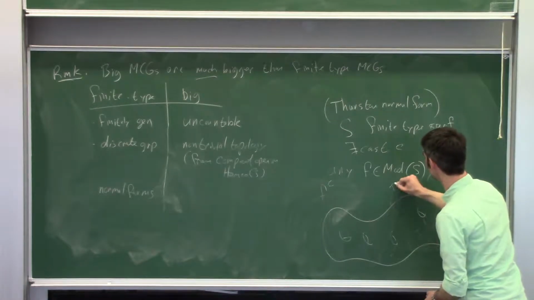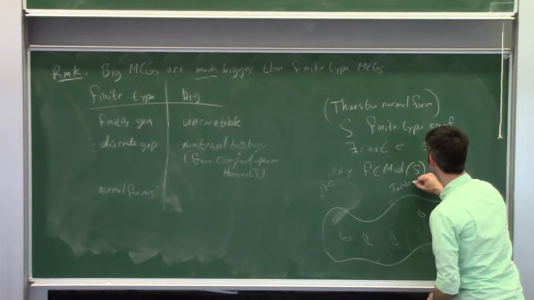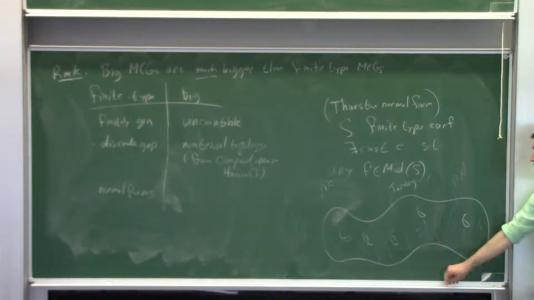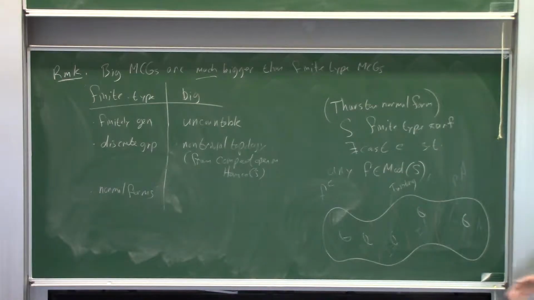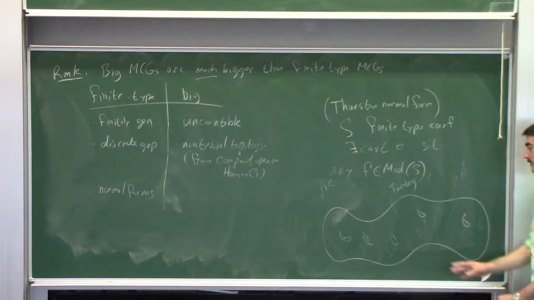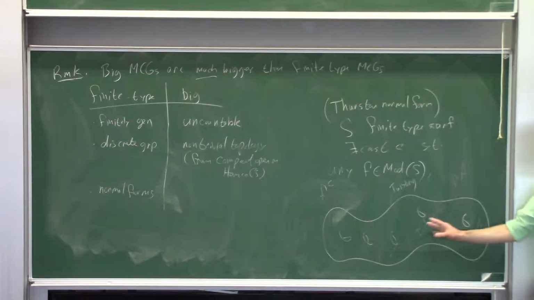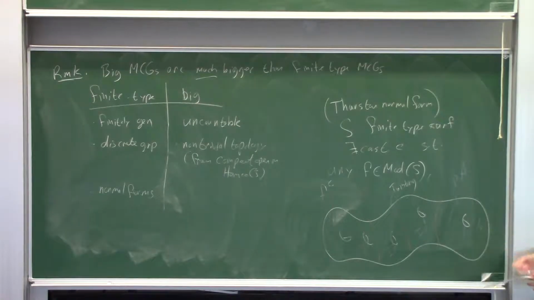And then here you're maybe twisting. So after raising to a power, you can decompose the surface by cutting on some curves. On the components you're doing pseudo-Anosovs or the identity, and then maybe you're twisting on the curves. And everything looks like that. So it's like a picture that tells you what everything looks like.